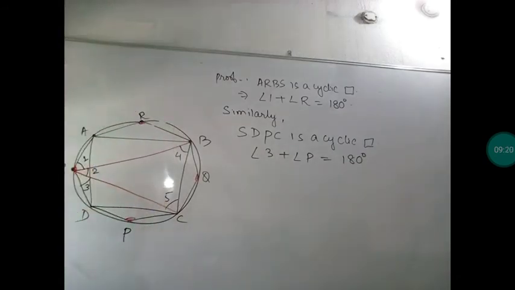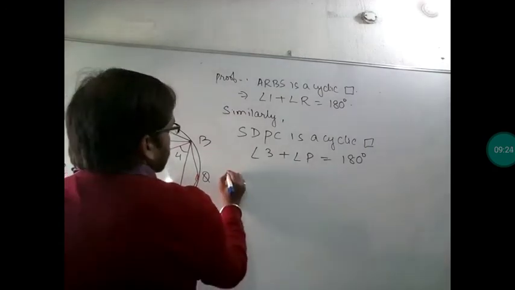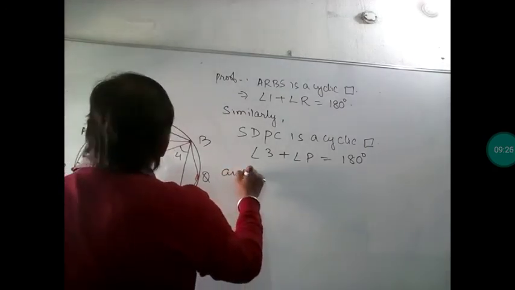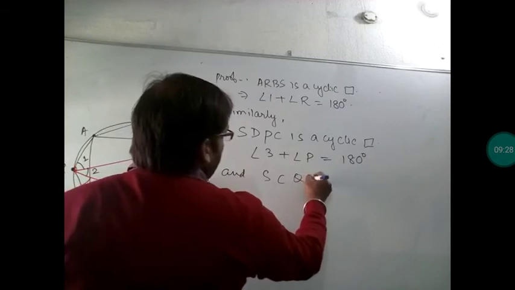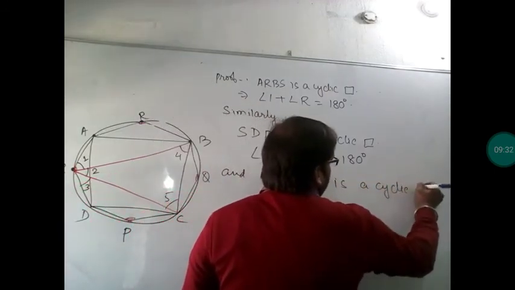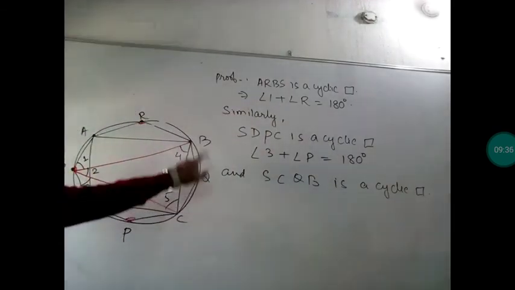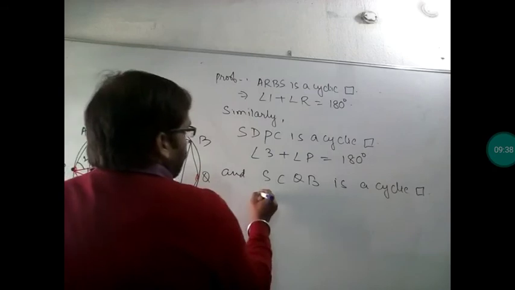Clear? Very good. Now see very minutely, SCQB is also a cyclic quadrilateral. All these vertices are on the circle, so they are concyclic. So we can say that angle 2 plus angle Q is equal to 180 degrees.